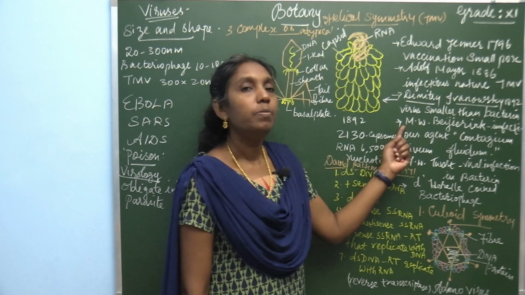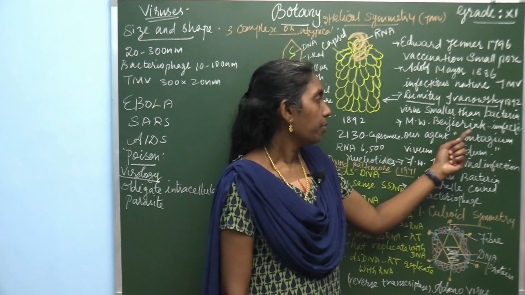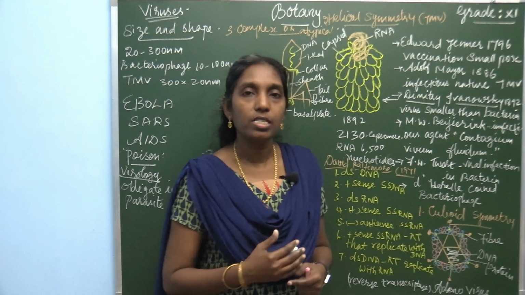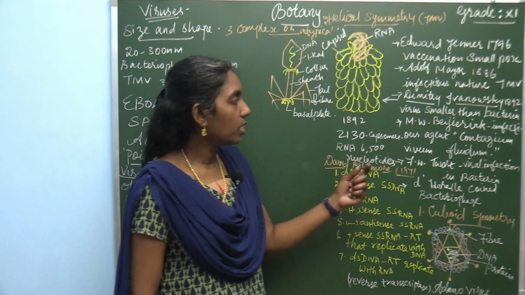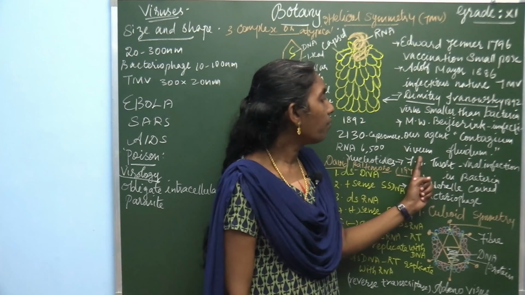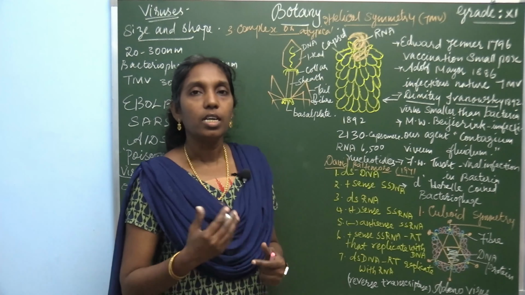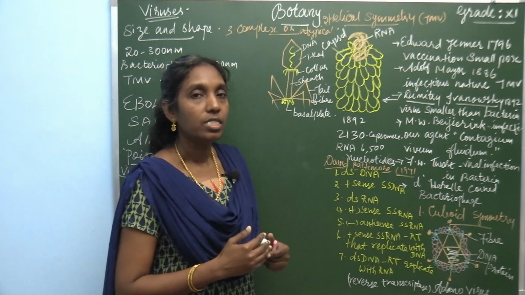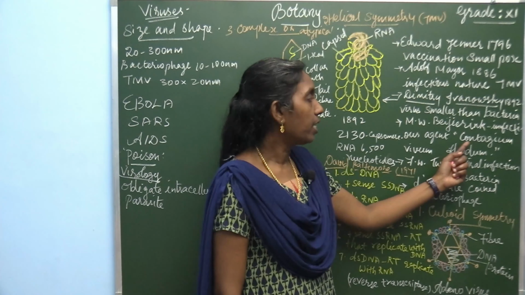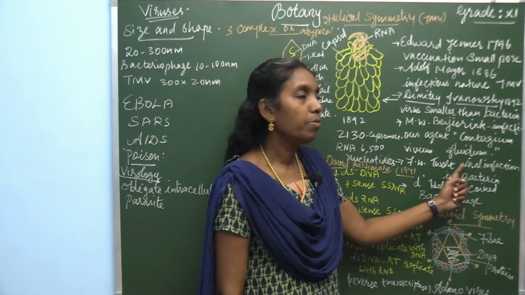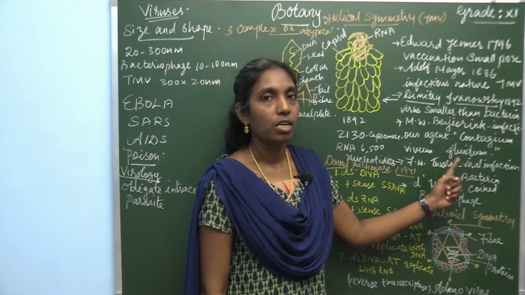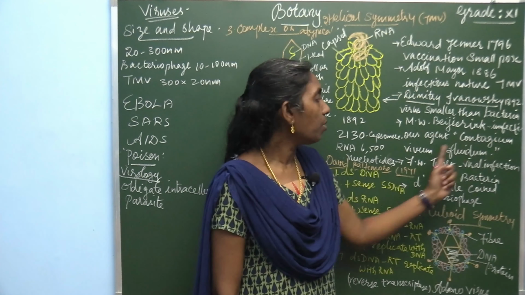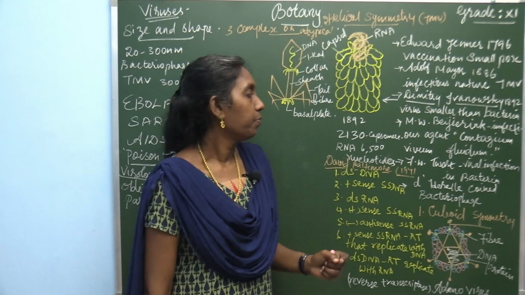Then M.W. Beijerinck found the infectious agent. At first, the infective nature of viruses was named Contagium vivum fluidum. The name given for the infectious nature of the virus is Contagium vivum fluidum.